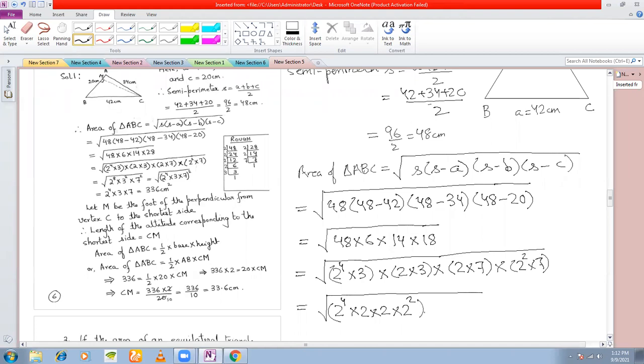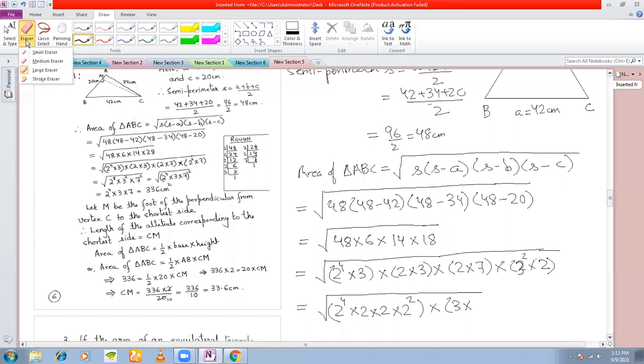Excuse me, sir, how can 18 be prime factorized as 2 square into 7? It should be 3 square into 2. Yes, you are right. Sir, 48 minus 20 is 28.